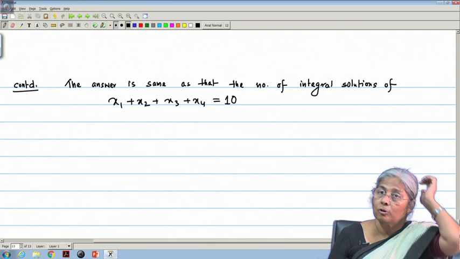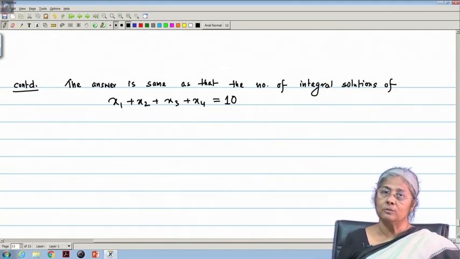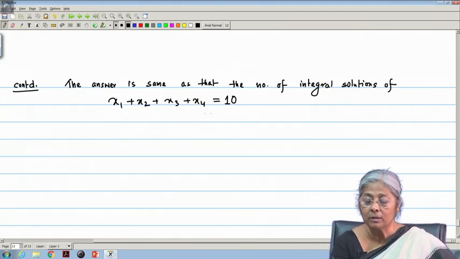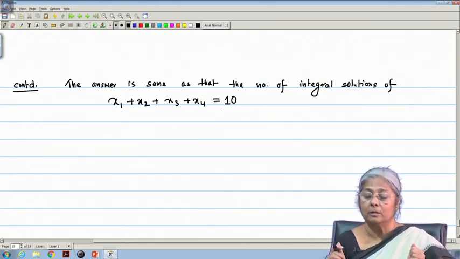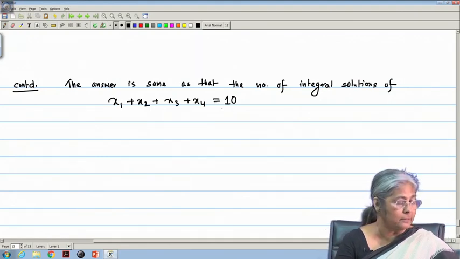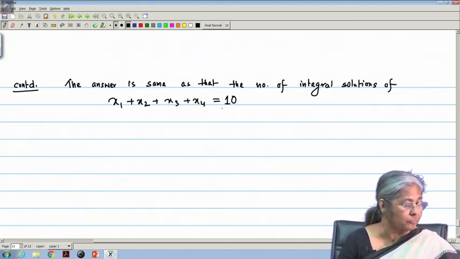Since each object appears at least once and it is a 10 combination, the total object count should be 10.